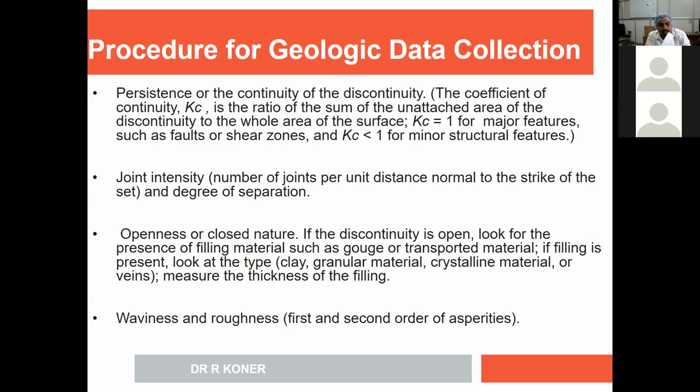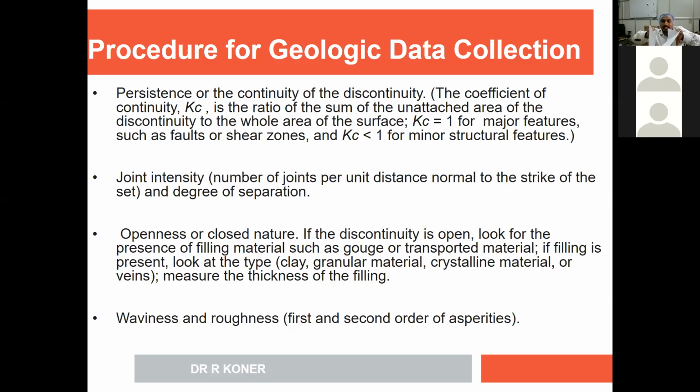Whether the joints are pretty close to each other. If the openness is negligible, you cannot observe which kind of infilling material is there or not, or whether it is plain and very smooth, or whether this discontinuity is open.